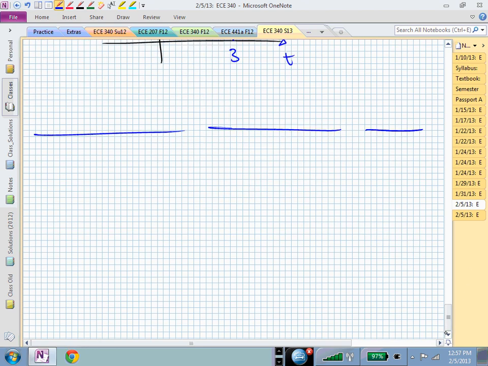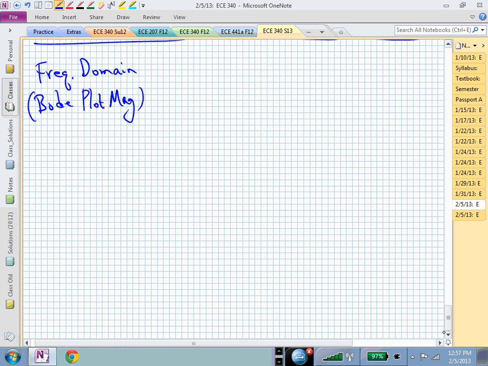And actually, let's start getting used to looking at this in many different domains. In the frequency domain, let's say the Bode plot magnitude could look like one of two pictures.